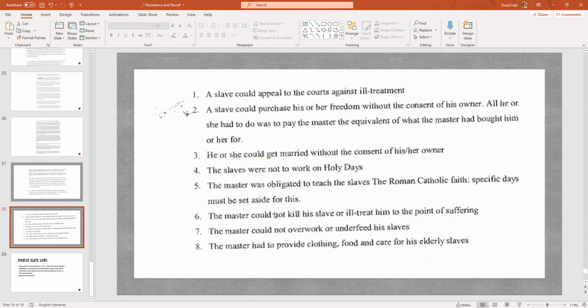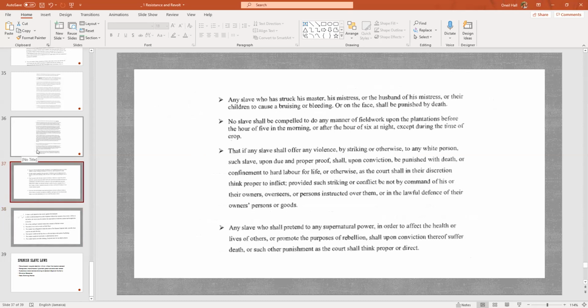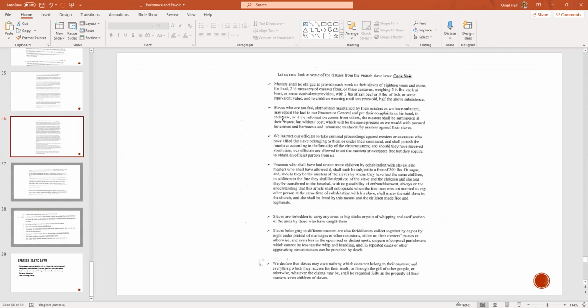We just read here that the enslaved could get married without the consent of his or her owner. Let us see the code now. Because if you read right here for the code now, it said slaves who are not fed, clothed, and whatever.